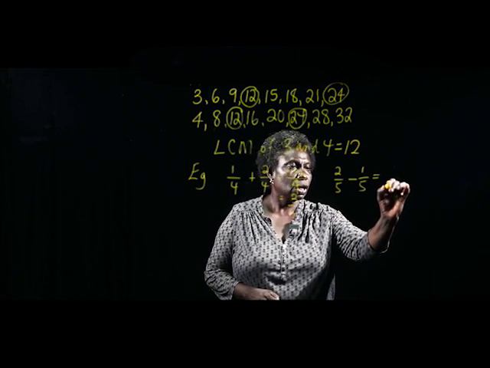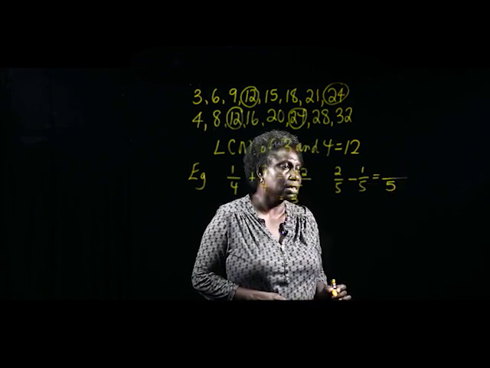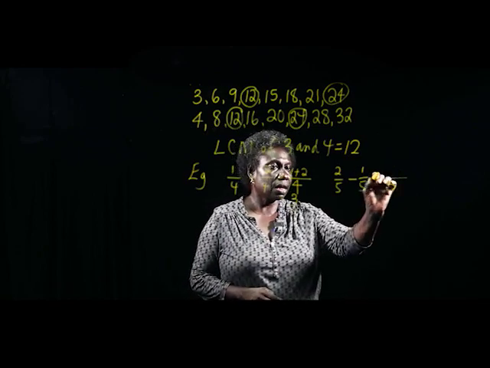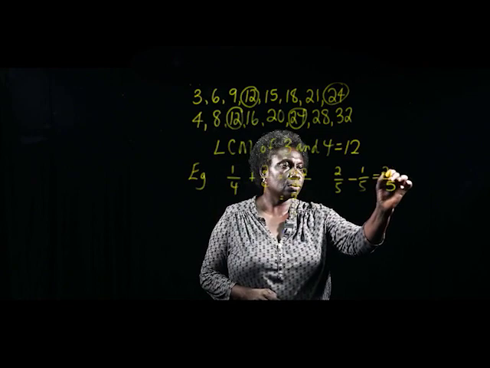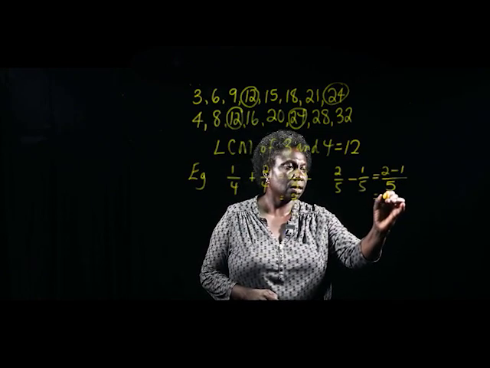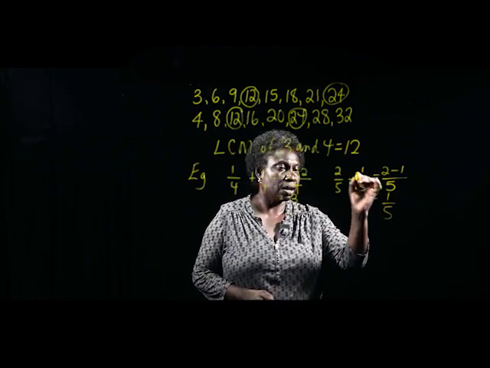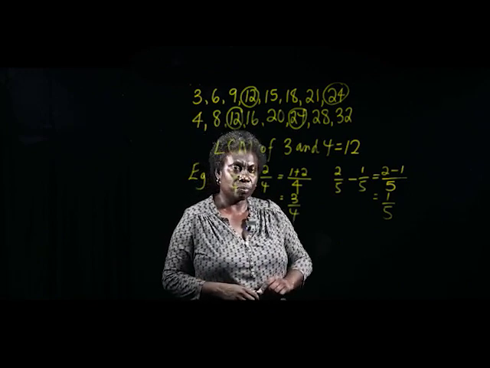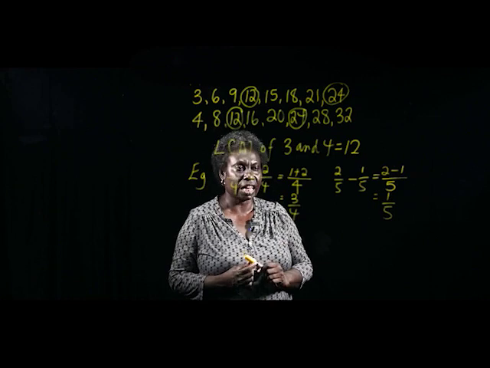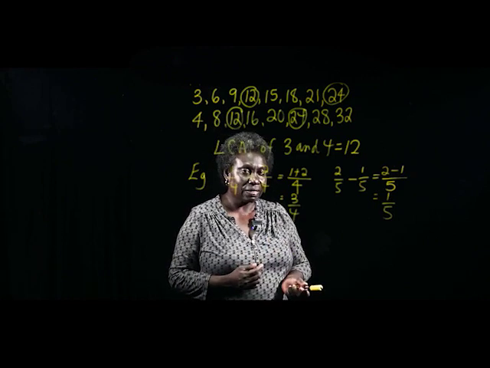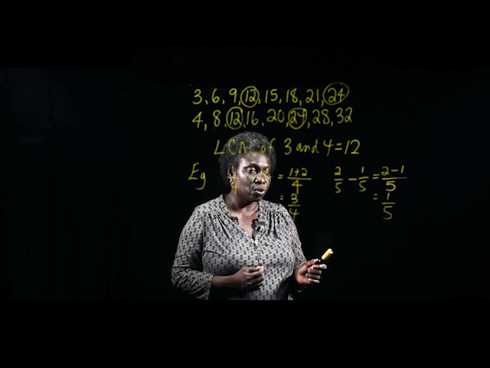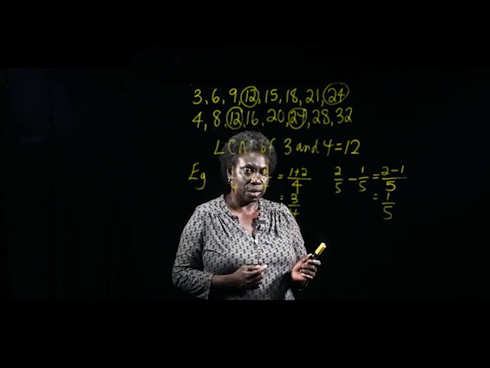So we leave the denominator 5 as it is, and we subtract the numerators. 2 minus 1 gives us 1 over 5. That is very easy. To add and subtract fractions with the same denominators, you only add or subtract the numerators.